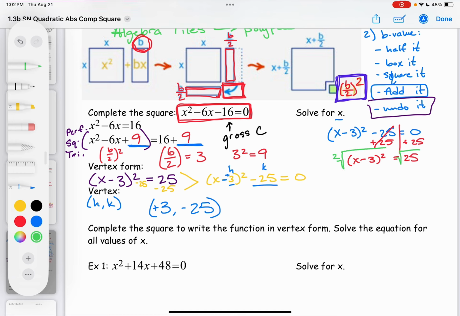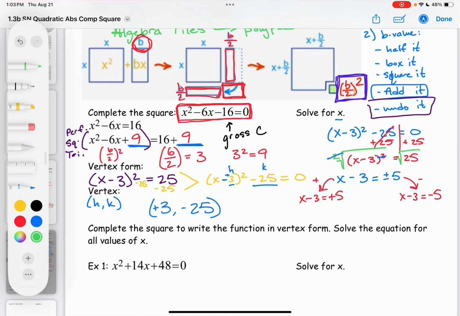And so the square root and the square cancel. And the square root of 25 is positive or negative 5. And again, positive 5 is an answer, negative 5 is an answer, so you want to have a positive and a negative path. So I'm going to do x minus 3 equals positive 5, and I'm going to do x minus 3 equals negative 5.